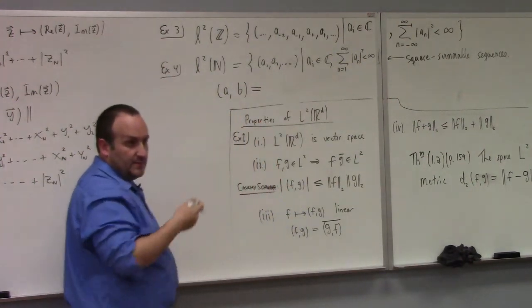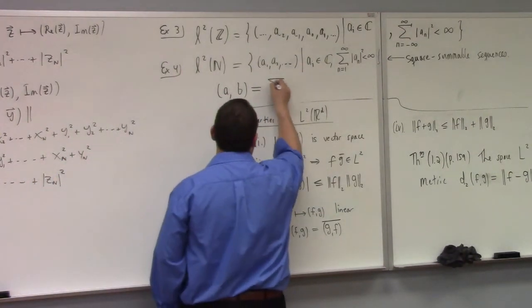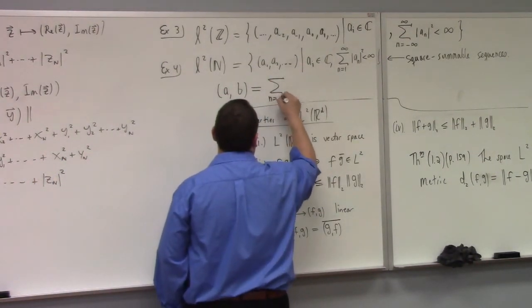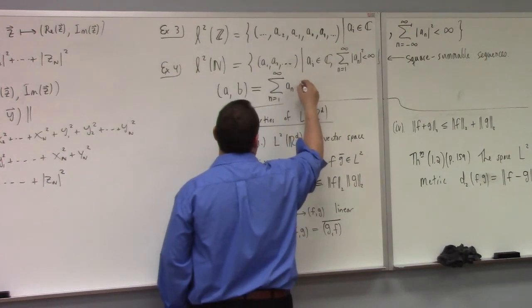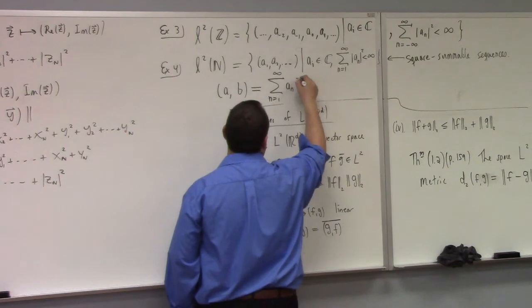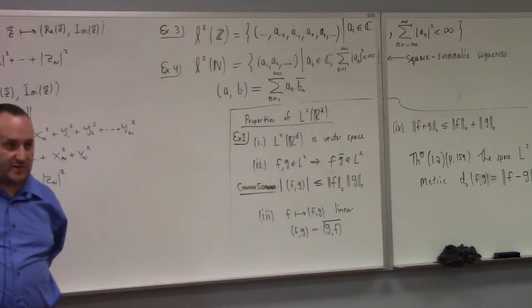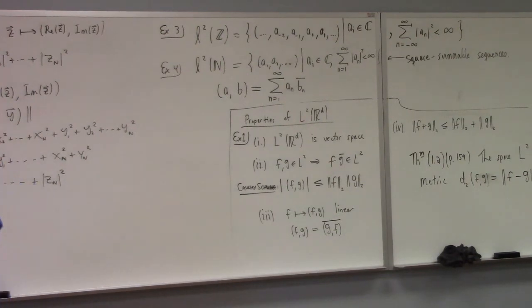Can you tell me? Sum n equals 1 to infinity of, what do you say, a_n times the conjugate of b_n. We need that conjugate to get the usual song and dance for a complex inner product. But yeah, that's the inner product on L2.